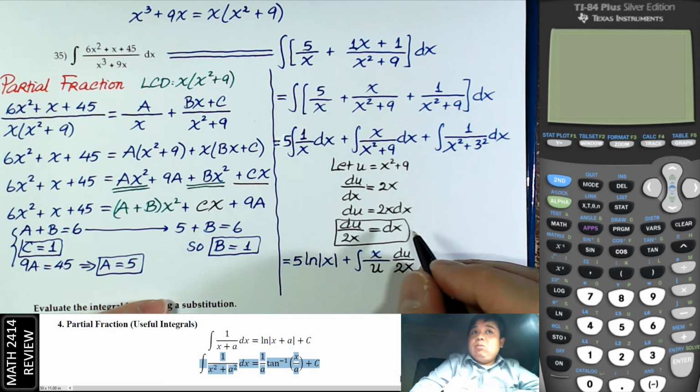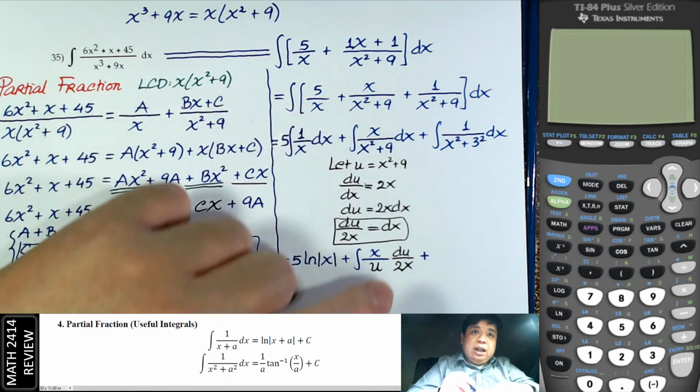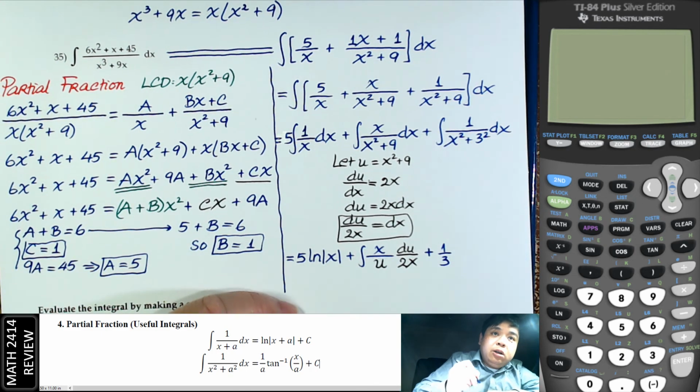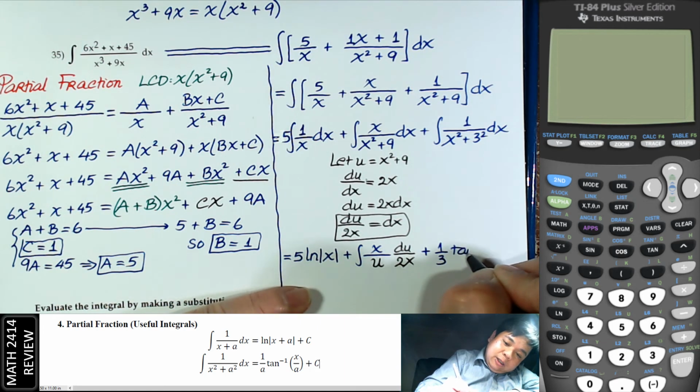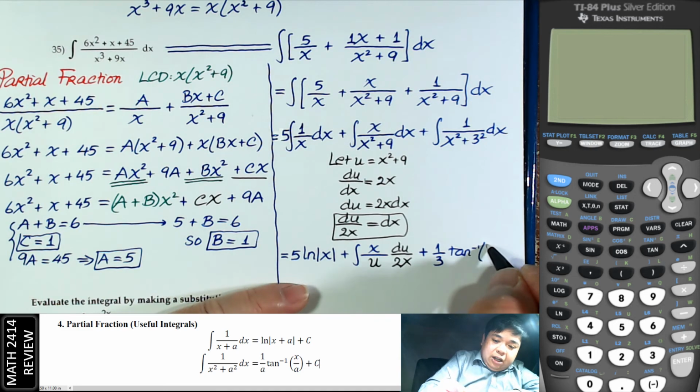And this is the formula: 1 over a, so 1 over 3, tangent inverse of x over a, x over 3, plus c.